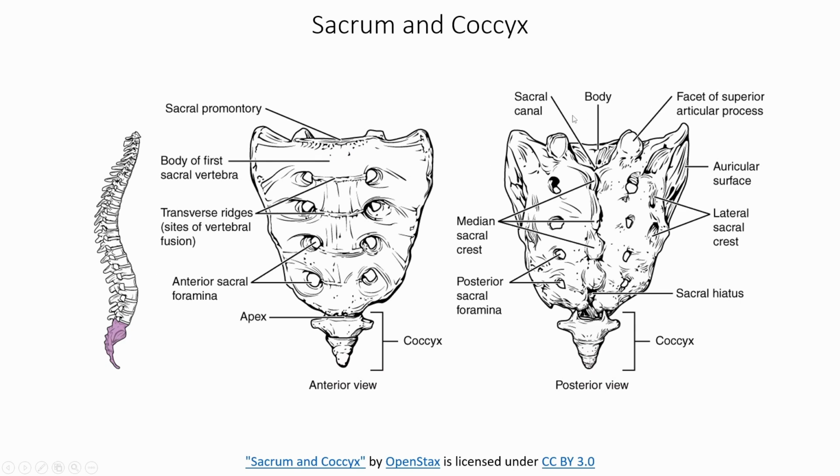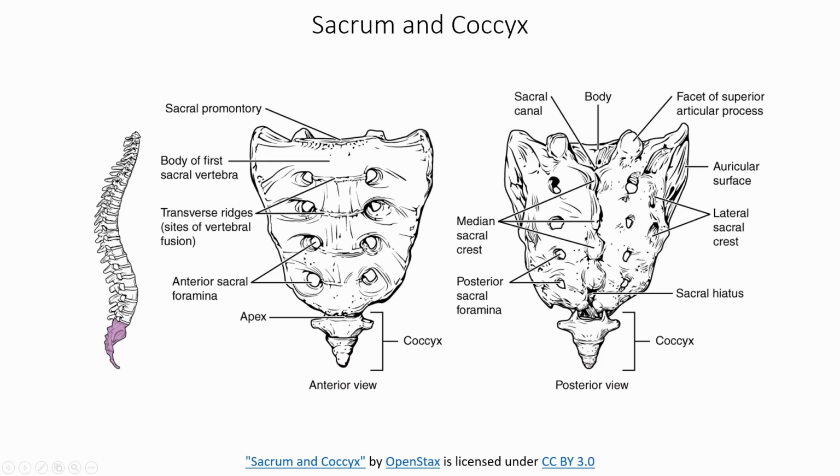On the back side, we have the median sacral crest. Think of this as what's left over from those spinous processes, so it's the equivalent there. And the lateral sacral crest is the equivalent of the transverse processes that we saw on the vertebrae that were still separated out.